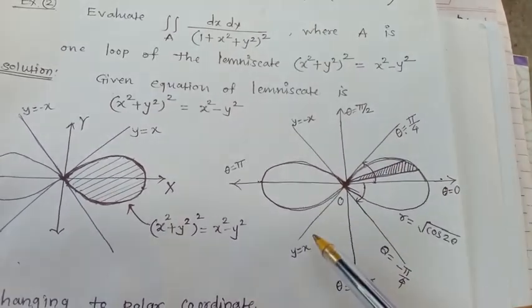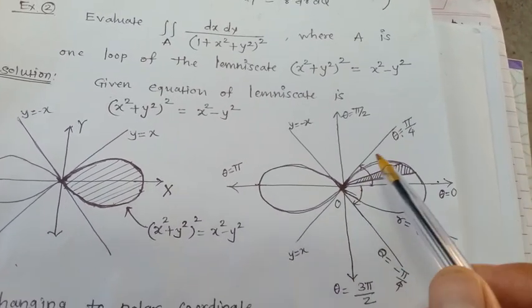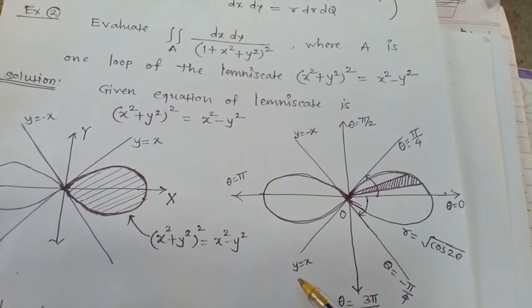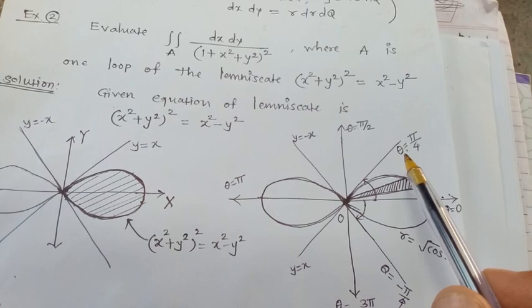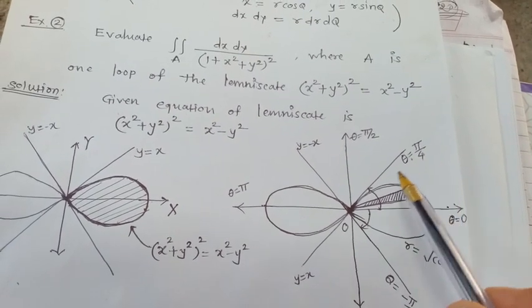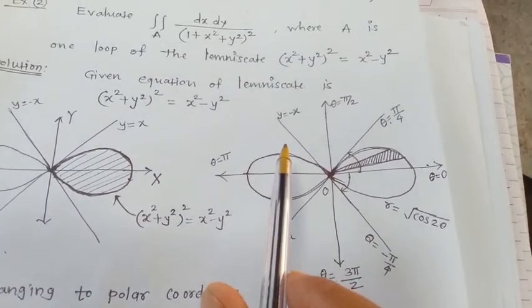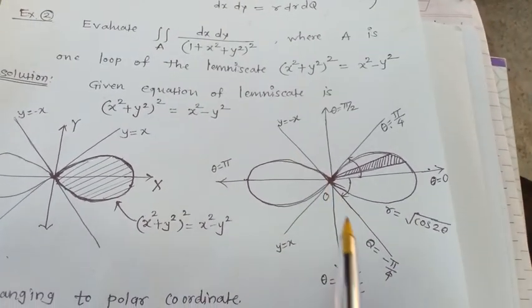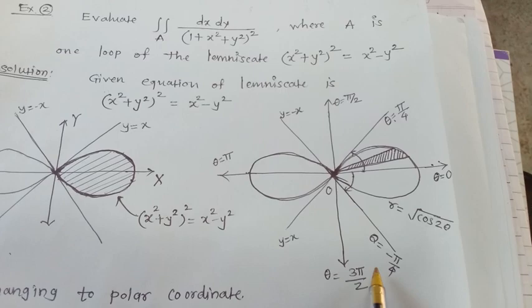Similarly this line is nothing but y equals x. So by putting x equals r cos theta and y equals r sin theta, we can get the value of theta equals pi by 4. In a similar way, the equation of this other line I can write as theta equals minus pi by 4.